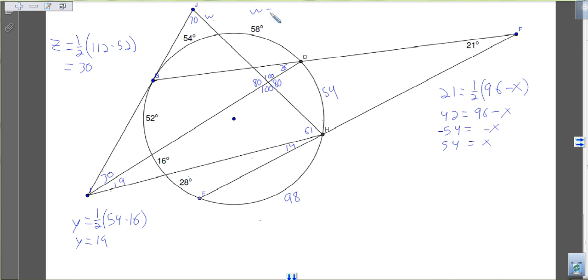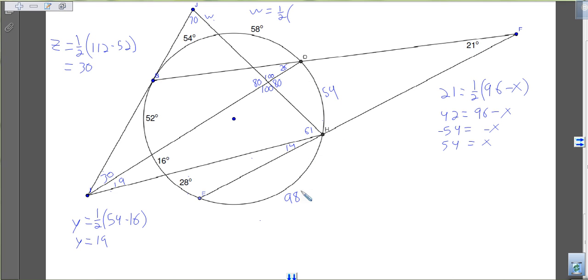And let's solve. So that angle creates these arcs. So it means that W is equal to half of this larger arc minus this smaller one. So the larger arc, let's look.